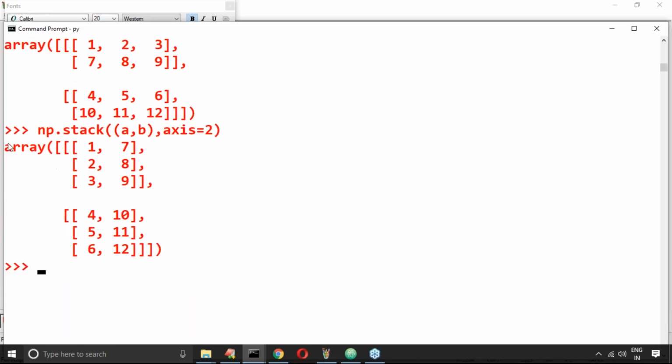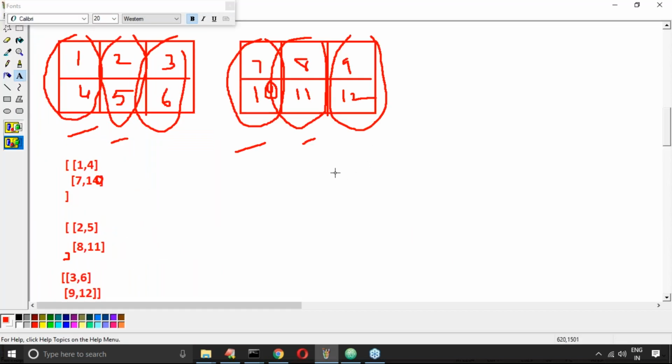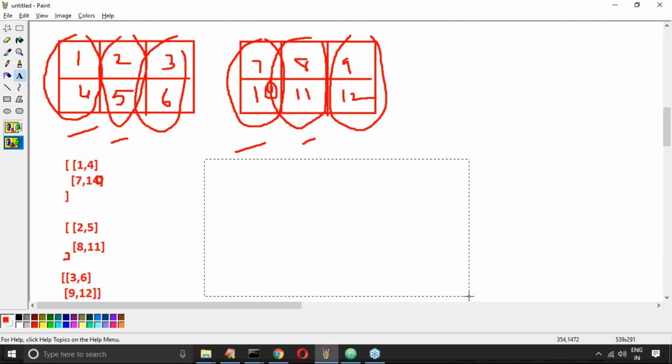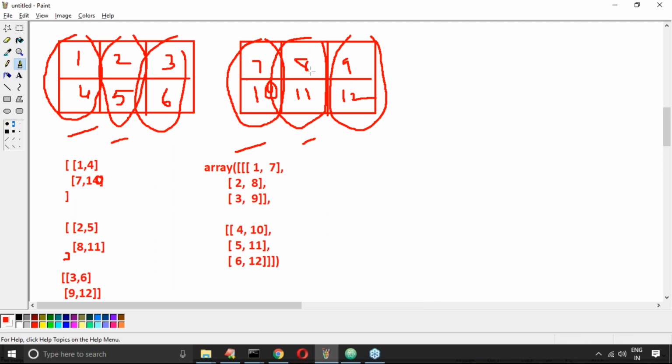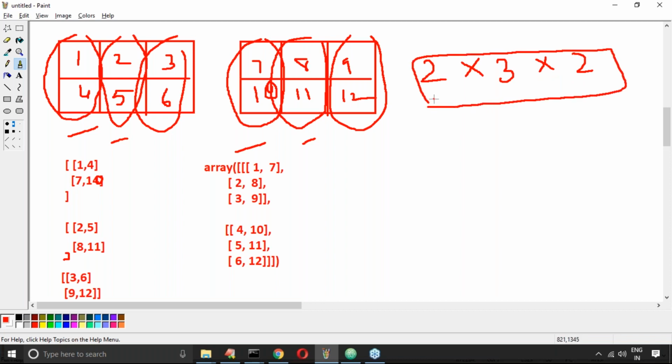Can you please analyze this so that you can understand how it is going to consider column wise? Here the shape we are getting is 2, 3, 2: two 2-dimensional arrays.